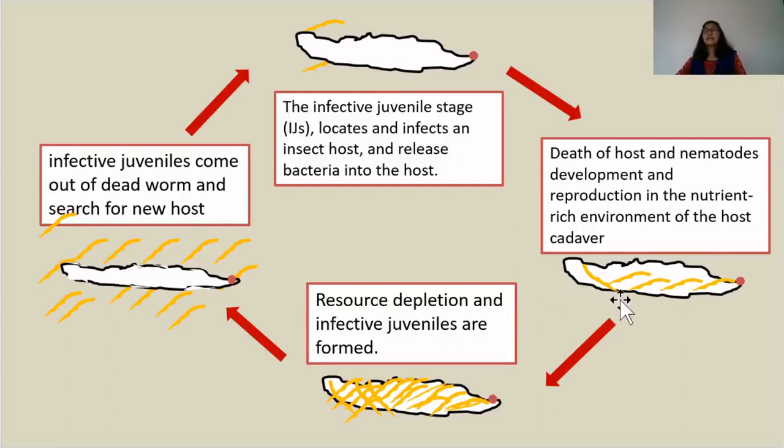In the next stage, what happens is death of host occurs and the nematodes develop and reproduce inside the nutrient rich environment of the host cadaver. Then as they go on developing, there is depletion of nutrients inside the body because they have used up the whole nutrients, and then again infective juveniles are formed, and these infective juveniles come out of the dead body, or out of the worm body, and they wait again for a new host, and that is how they kill the larvae.